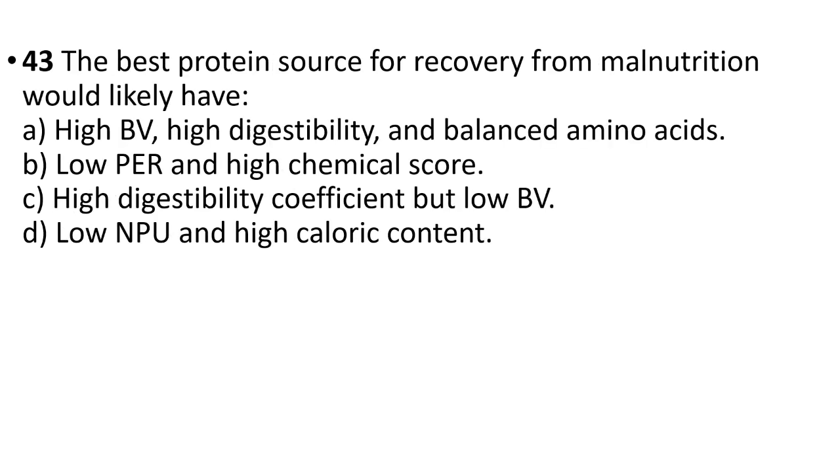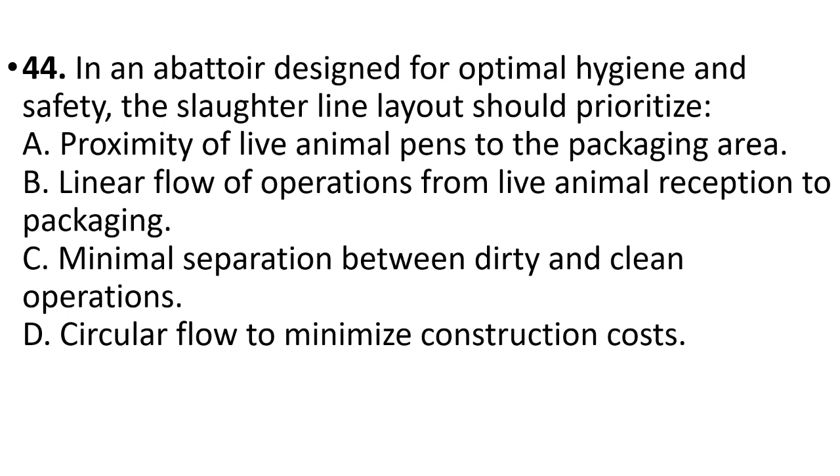The best protein source for recovery from malnutrition would likely have A, high BV, high digestibility and balanced amino acids, B, low protein efficiency ratio and high chemical score, C, high digestibility coefficient but low BV, D, low NPU and high calorific content. Your answer is option A, high BV, high digestibility and balanced amino acids.